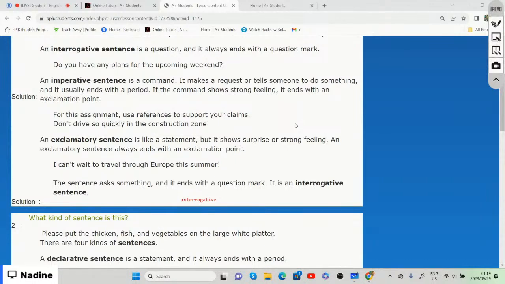If we look at an example of an exclamatory sentence, I can't wait to travel through Europe this summer, which means that this person is excited because they will be traveling through Europe this summer.